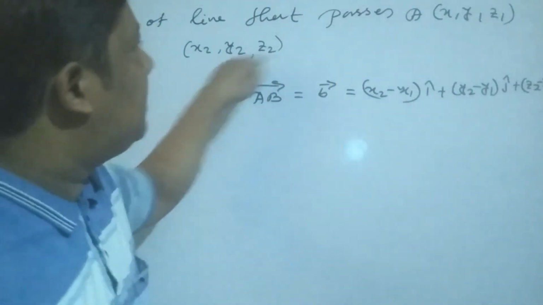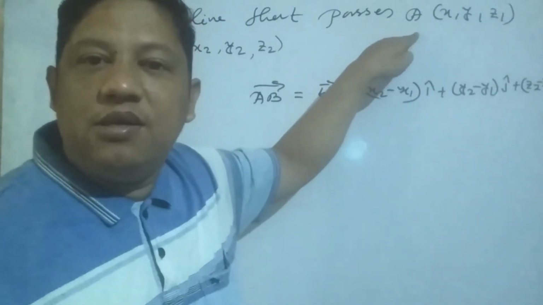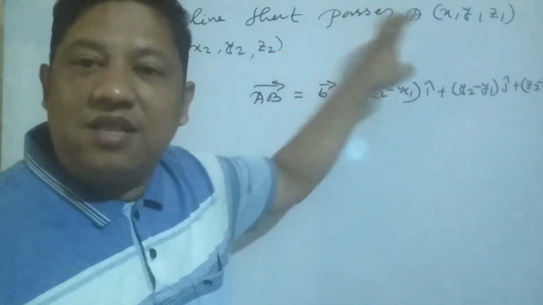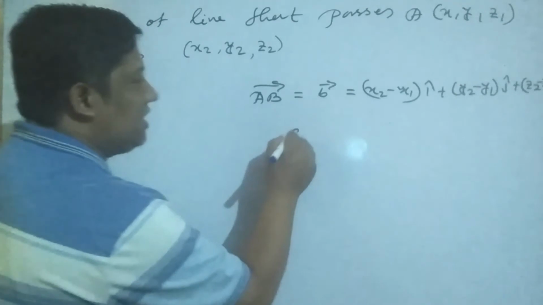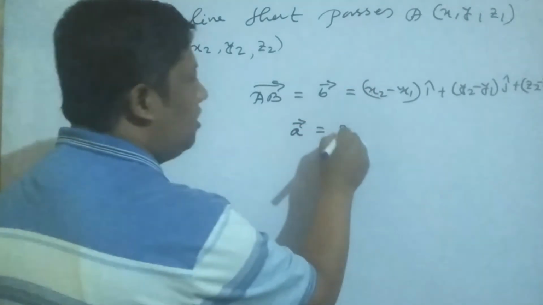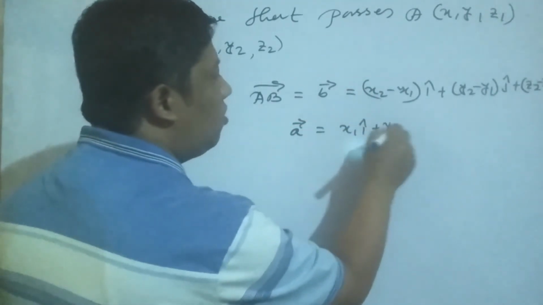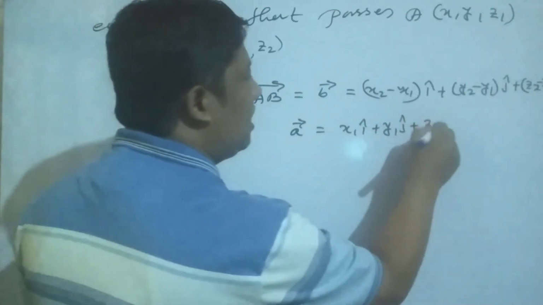And any one point indicates the point that the line passes. That means in this case the line passes through the point x1 i, y1 j and z1 k.